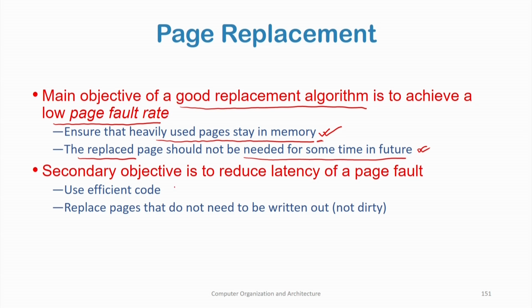The secondary objective of page replacement is to reduce latency of a page fault. So, how do I reduce latency of a page fault? By using efficient code for handling a page fault and by replacing pages that do not need to be written out. So, I will try to replace a page whose dirty bit is not on.